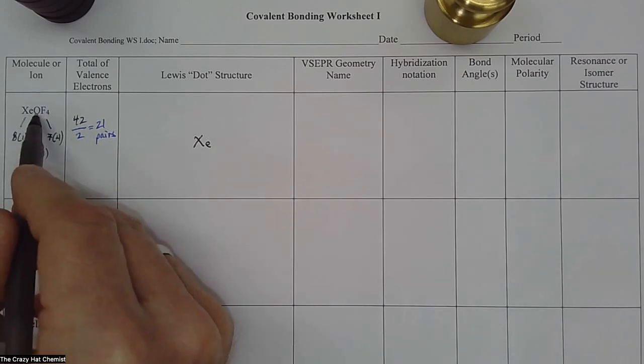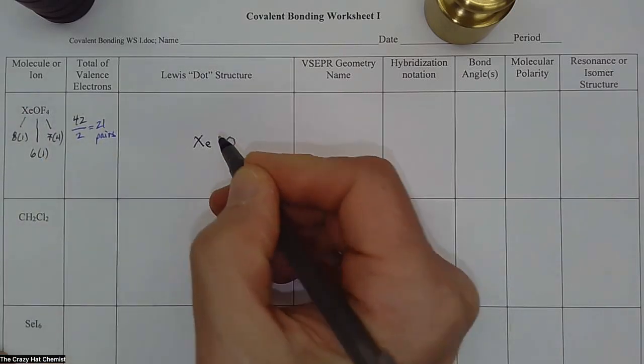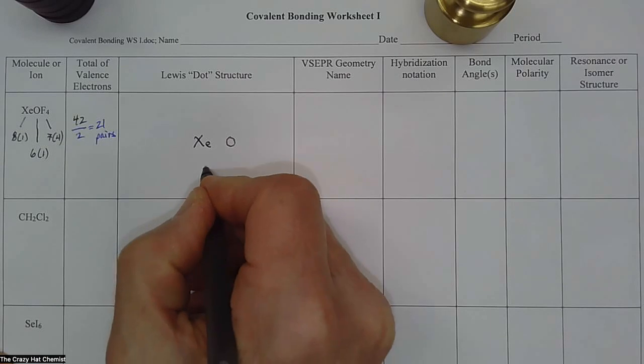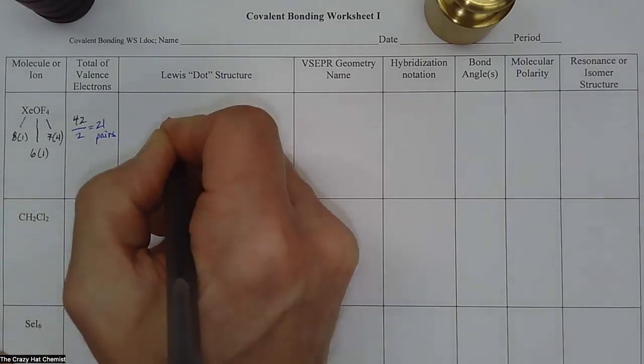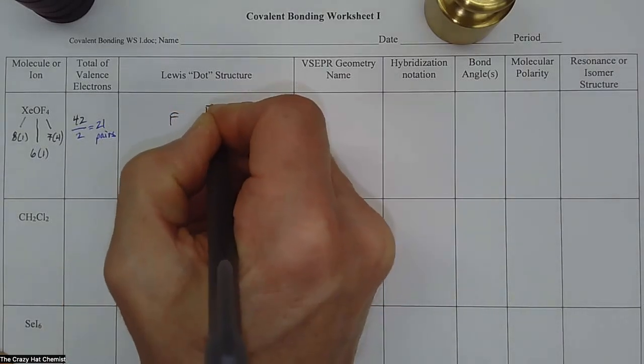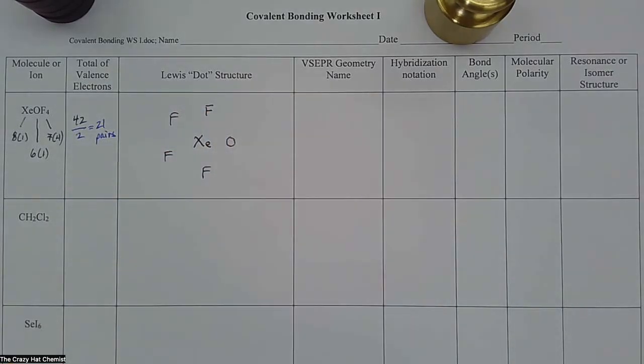So the next element is oxygen, and it doesn't matter. And then you have a fluorine, a fluorine, a fluorine, and a fluorine. So what I've attempted to do is to draw this such that the xenon is in the middle, and the elements surrounding it are completely surrounding it, approximately equidistant.